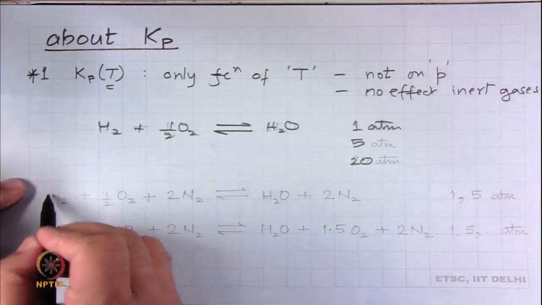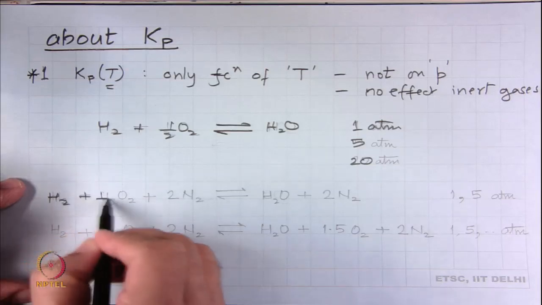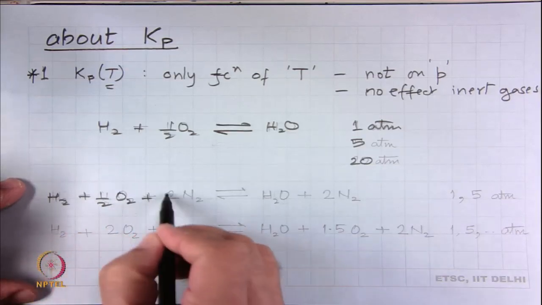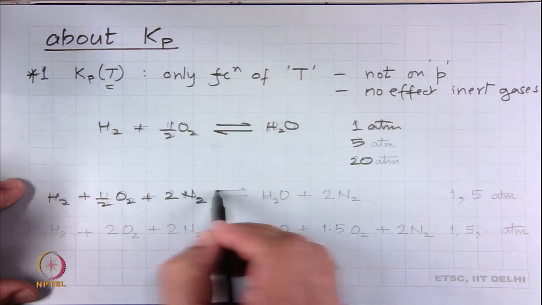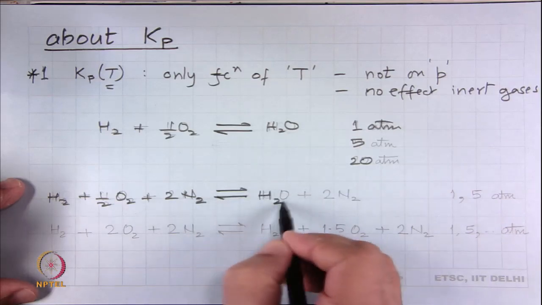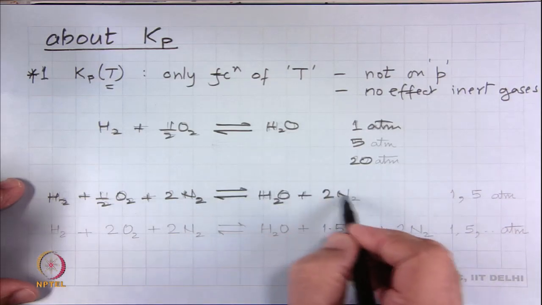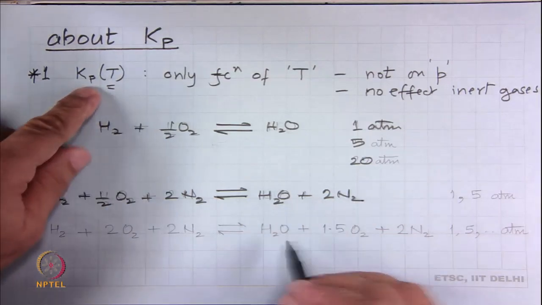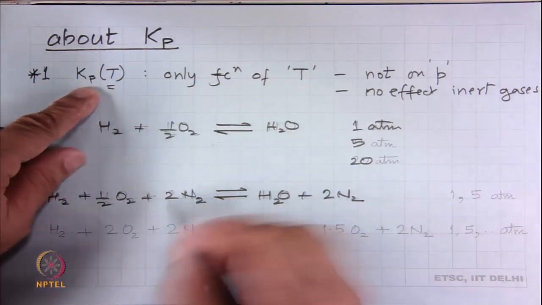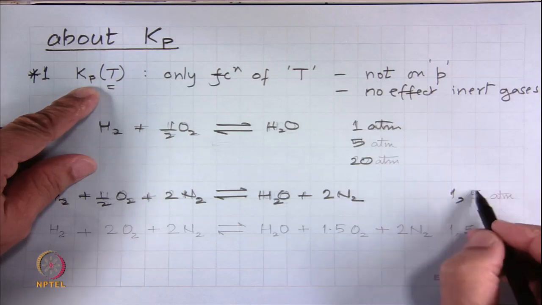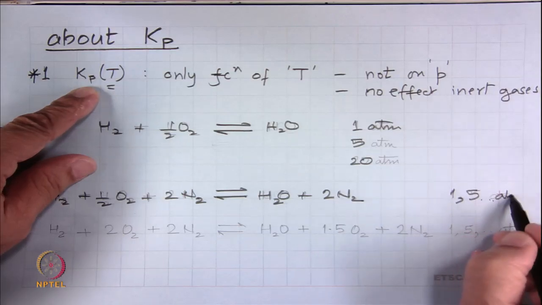Then in this expression, if we added an inert gas like nitrogen, the K p value also does not change, and it does not matter whether this mixture is at 1, 5 or any other pressure.